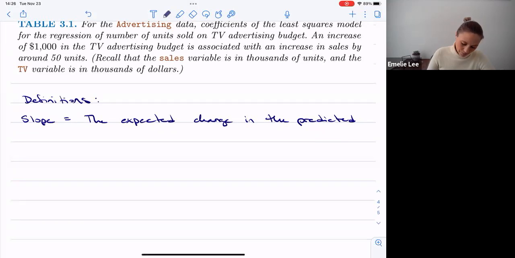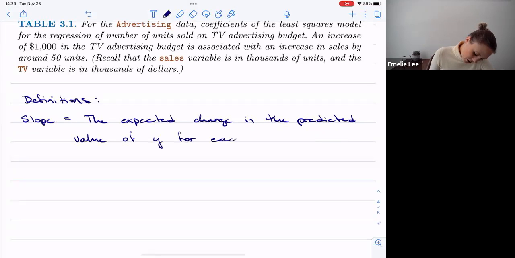The expected change in the predicted value of Y for each unit increase in X.